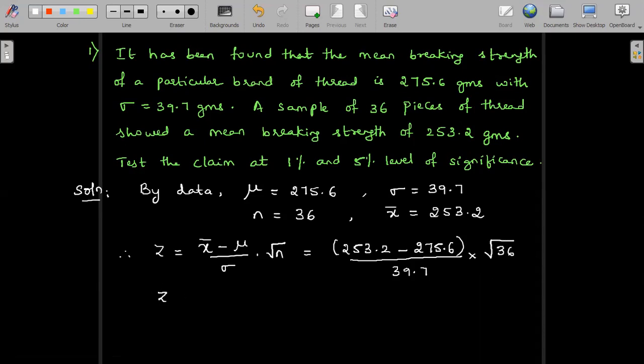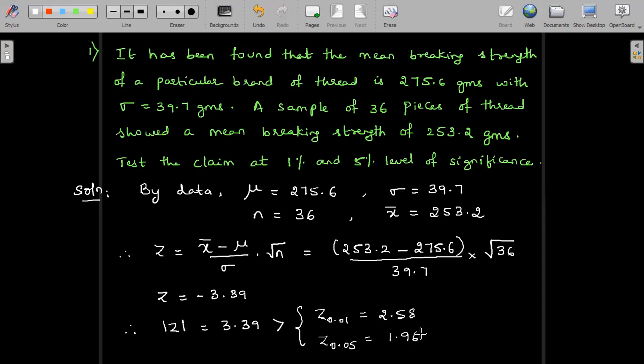So Z on simplification gives us 3.39. We actually get a negative value. We will take the modulus of the Z value. So we have mod Z is equal to 3.39 and this value is greater than both the levels of significance. So Z 0.01 is 2.58 and Z 0.05, at 5% level of significance, it is 1.96.